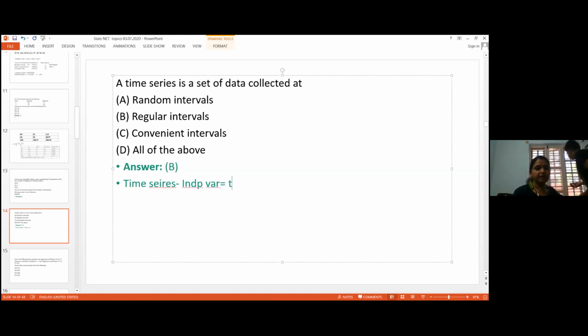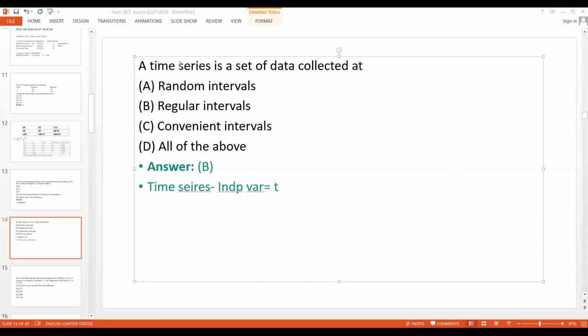It's fixed. Independent variable is time and it is fixed. Independent variable is time and dependent variable is the variable under study. Getting it? So it has to be at fixed levels. Only then we can reveal the various.